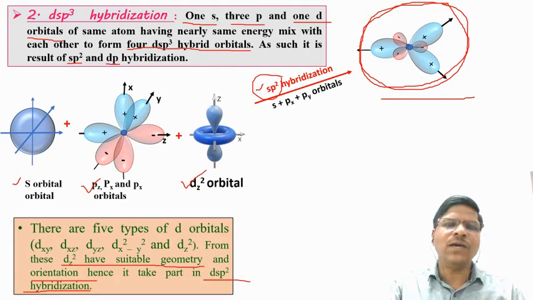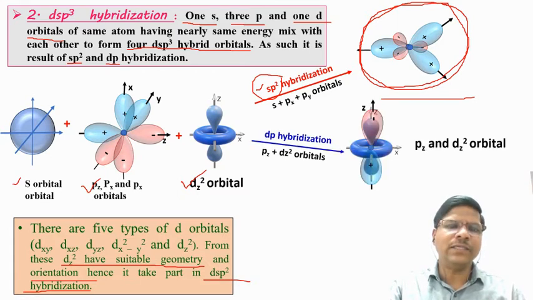Now we have the dp hybridization. The pz orbital and dz square orbital mix with each other and we get the dp hybridization. So if you see, the d and p orbitals in an atom look like this.